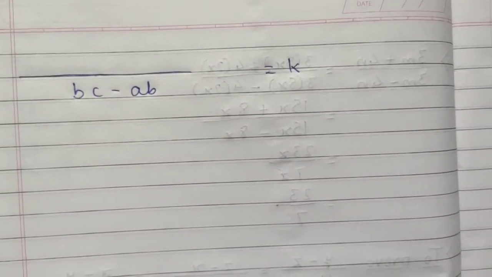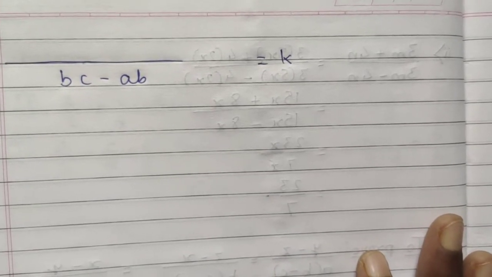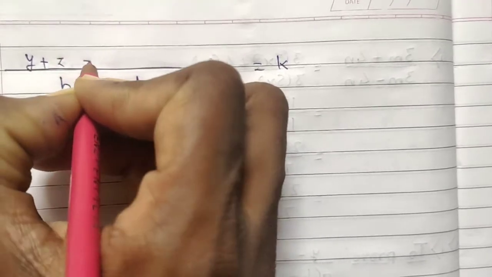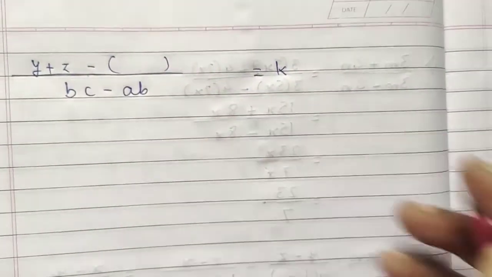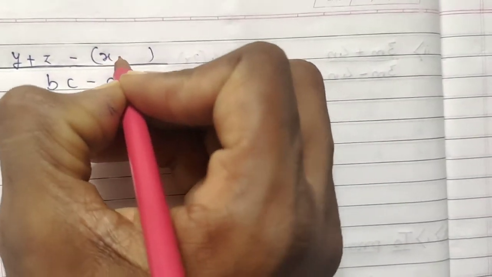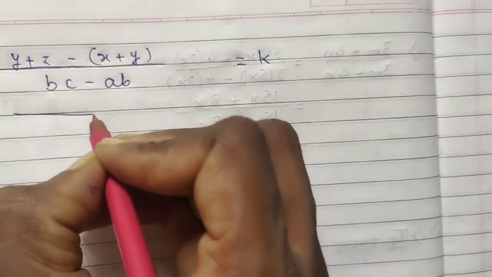Now what is BC? That we are going to write here. Okay, so BC is basically y plus z minus, now what is AB? AB is what? X plus y. Okay, now let us simplify this.